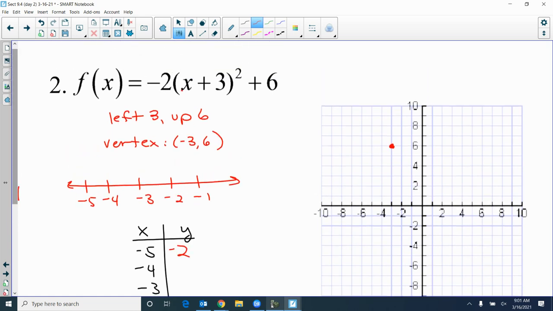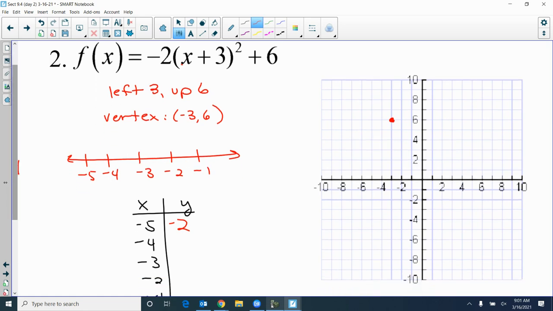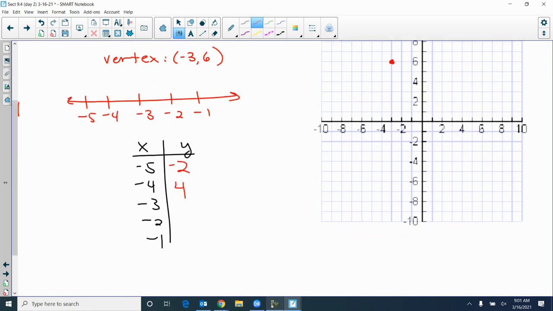Plug in -4. -4 plus 3 is -1 squared. -1 squared is 1. -2 times 1 is -2. -2 plus 6? 4. Okay, now let's see what you get. Plug in -3, -2, -1. You can use your calculator. I don't want to spoil it for everyone.